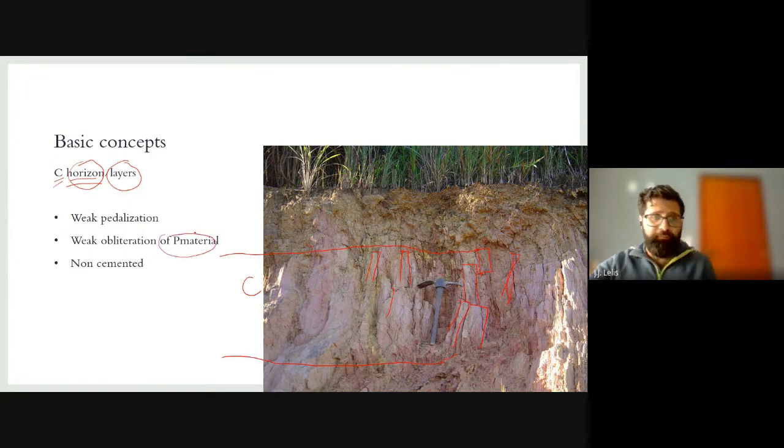If I saw granite or gneiss or basalt that is weakly weathered, I can call this part of soil a C horizon or a C layer, depending on the presence or absence of peds, of aggregates, okay?